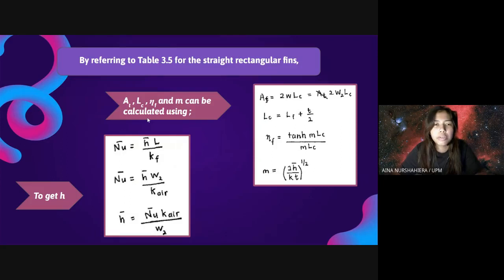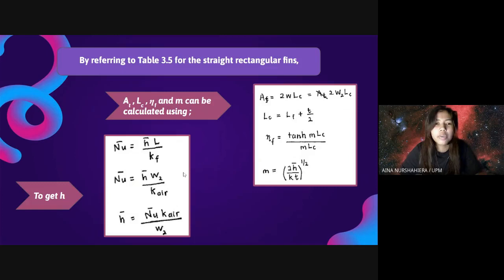So by referring to table 3.5 for straight rectangular fins, we can get the values of At, Lc, the efficiency of the fin, and m, and these are the formulas from the table. Then to get our convection coefficient, we need to have the Nusselt number.